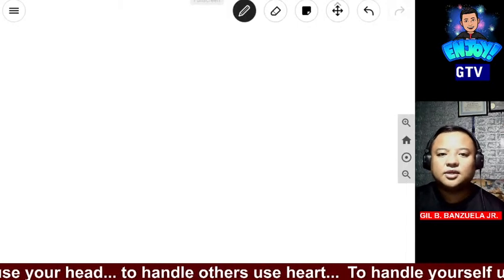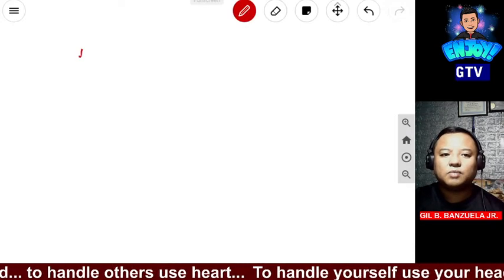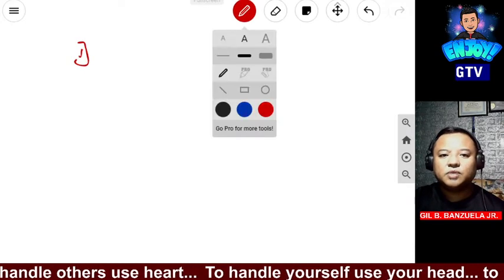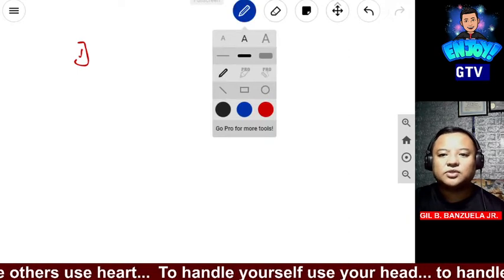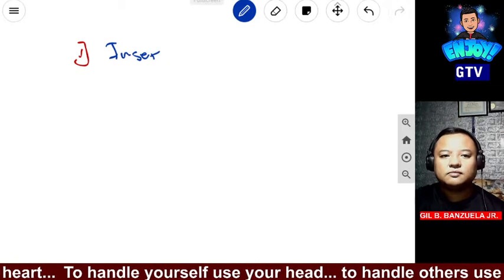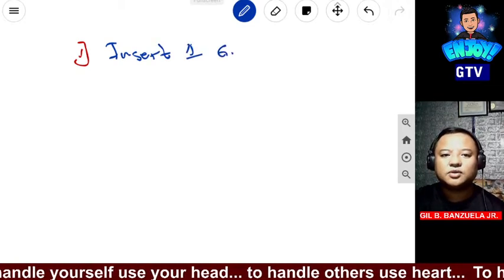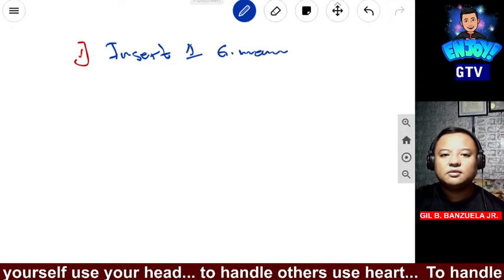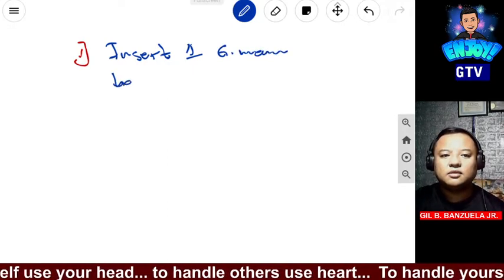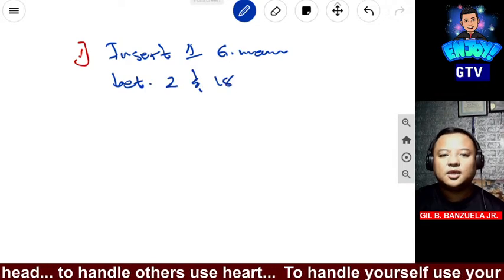Alright, so let's discuss first our number 1 problem. For number 1, guys, we are asked to insert only one geometric mean between 2 and 18.